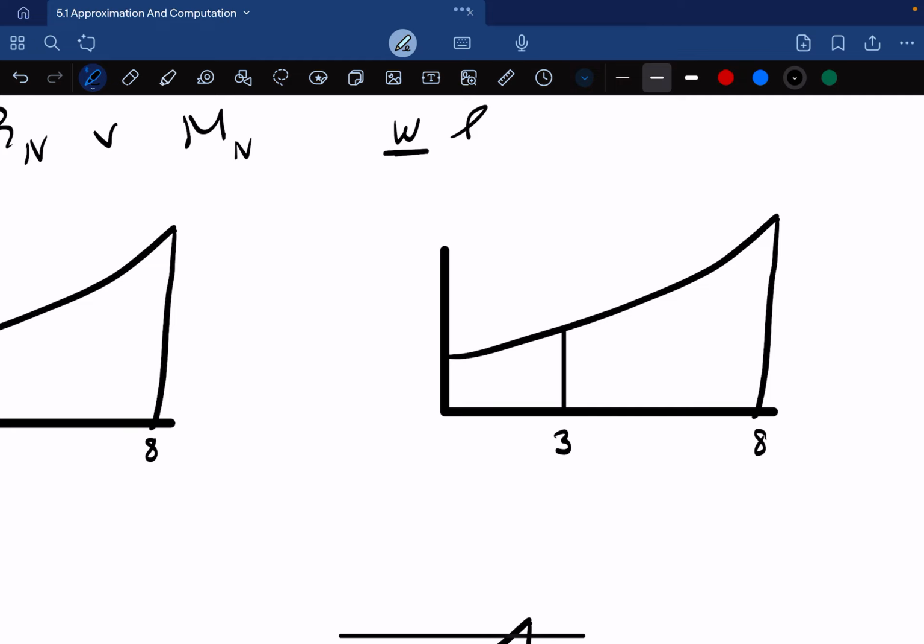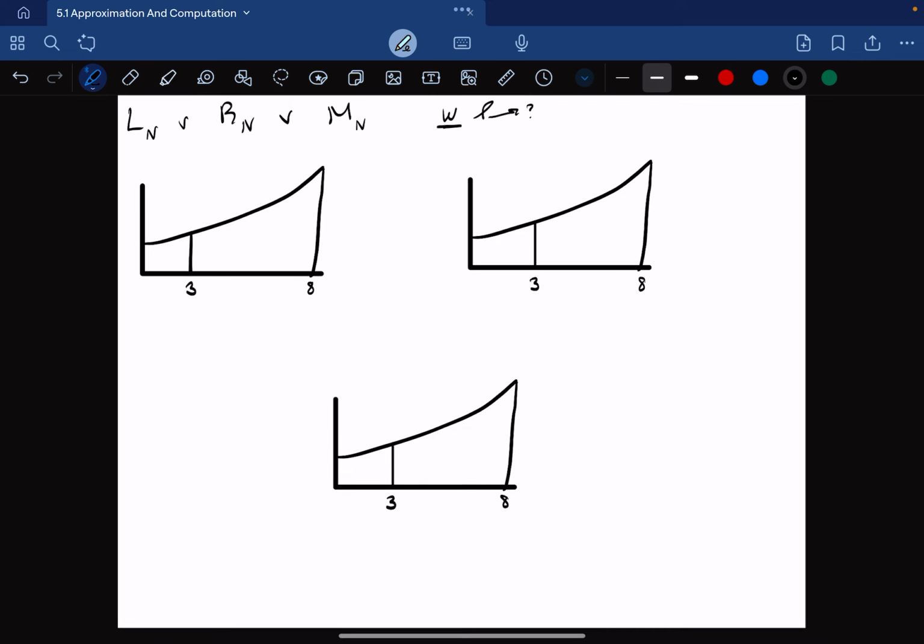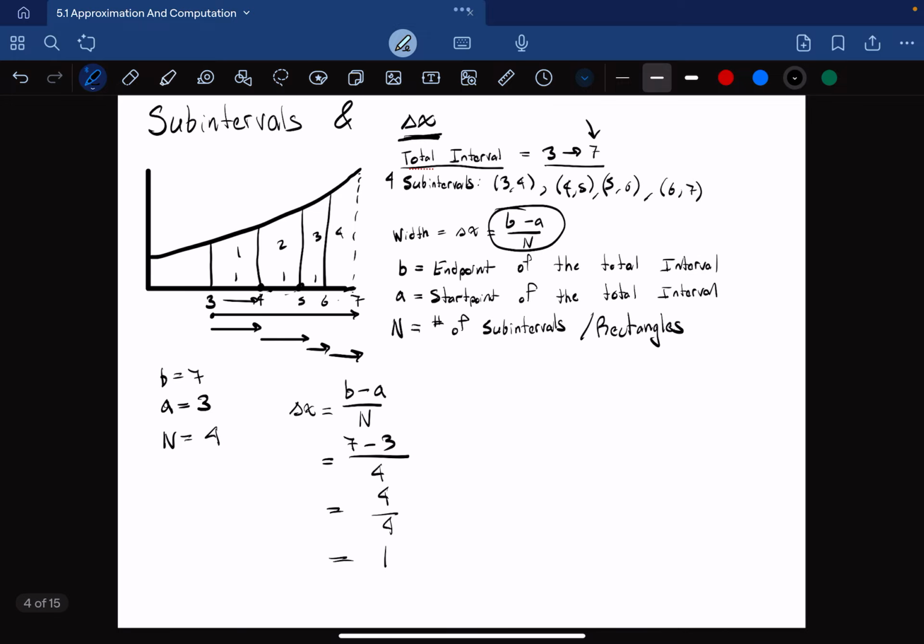So using the delta x formula, we can find our width. But how do we find our height? Well, there are 3 different ways we can find this height, or not technically different ways, but 3 different types of heights that we can use.